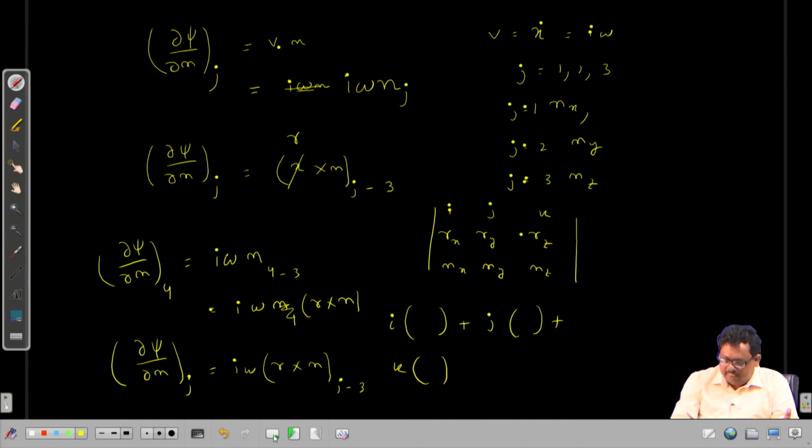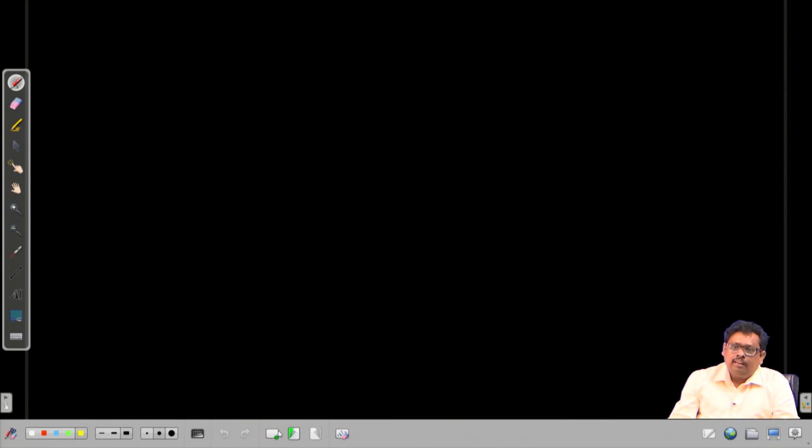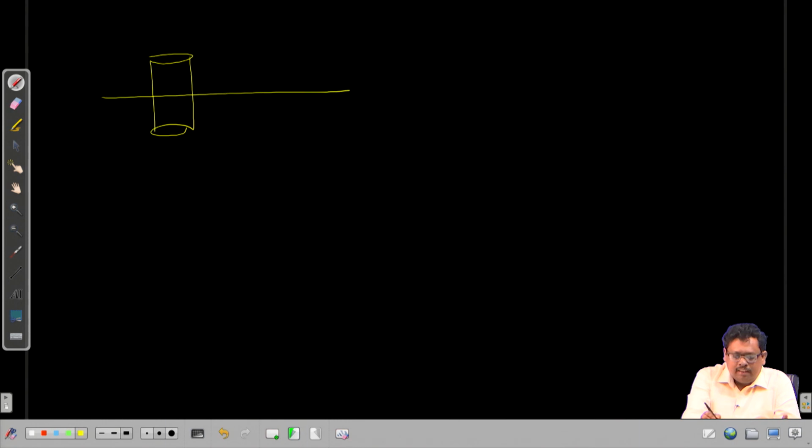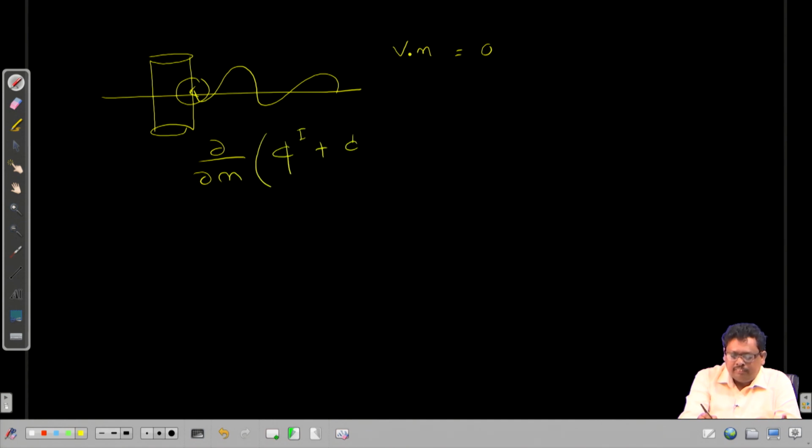Now, the only thing left is the diffraction problem. In the diffraction problem, if you remember, the body is fixed and the wave is hitting it, but the body does not move. If the body does not move, then v dot n should be equal to 0, and the exciting force, as I know, is the combination of phi I plus phi d. Therefore, the boundary condition becomes del del n of phi I plus phi d equal to 0.